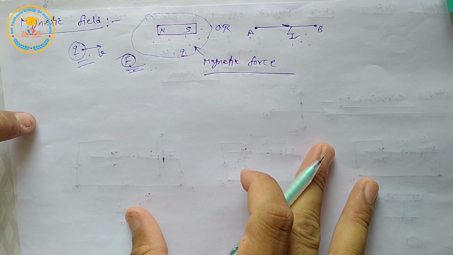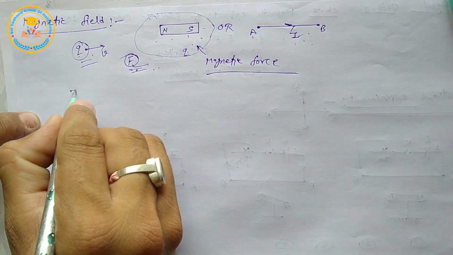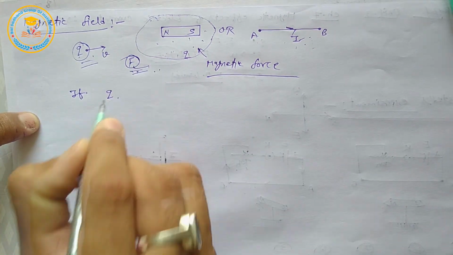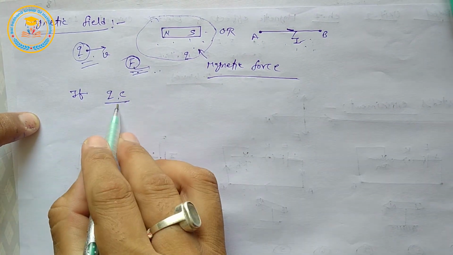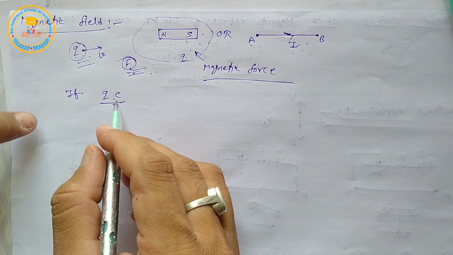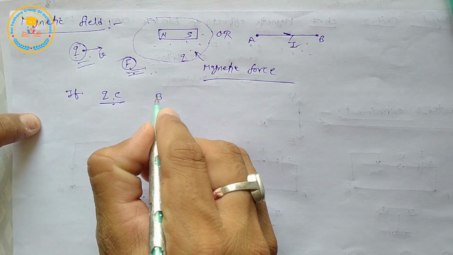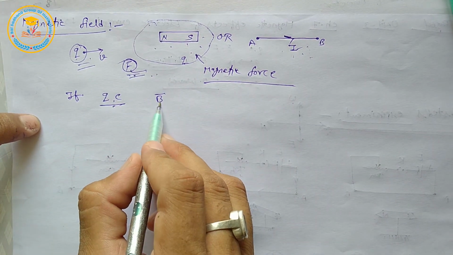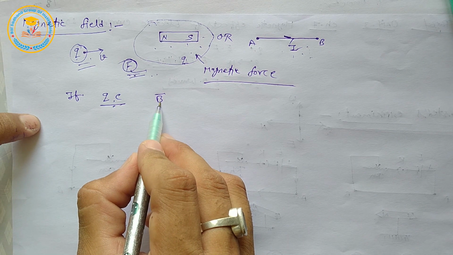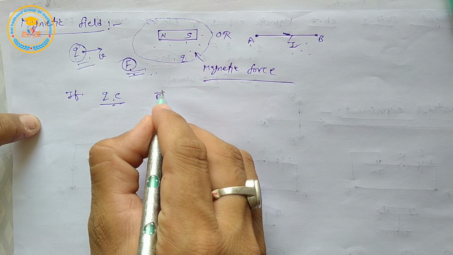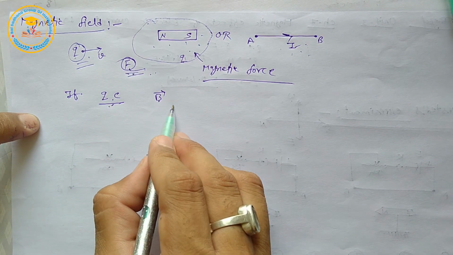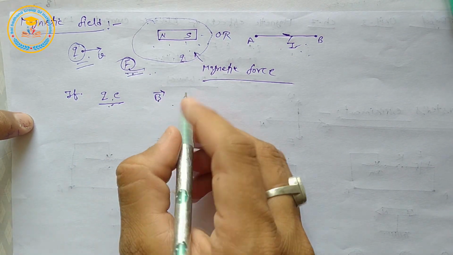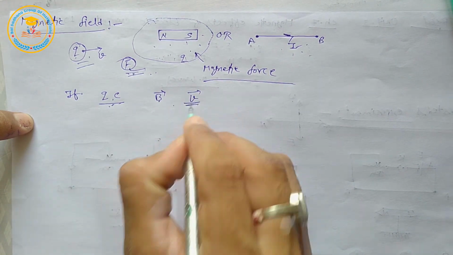Now if we have a charged particle of charge q coulomb and this charged particle is moving in magnetic field B. Magnetic field is represented by capital B and this is a vector quantity. So this charged particle is moving in magnetic field B vector with velocity v vector.